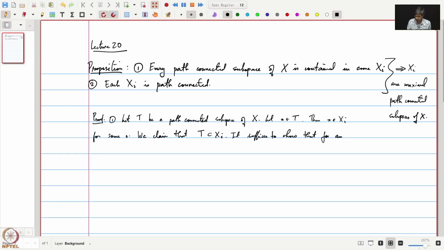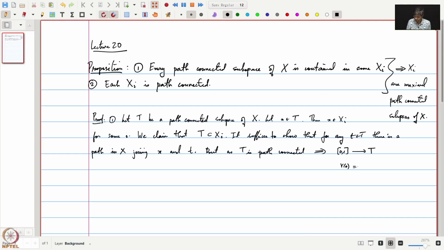for any t in T, there is a path in X joining x and t. But as T is path connected, this implies that there is a continuous path gamma such that gamma of 0 is equal to x and gamma of 1 is equal to t.